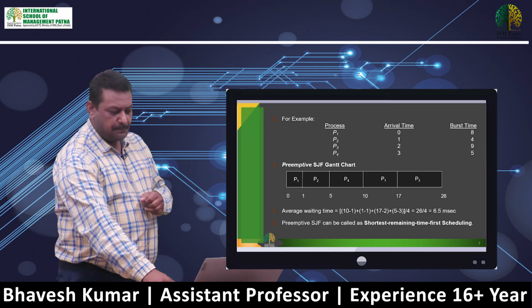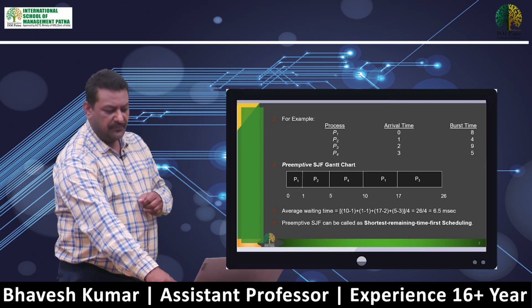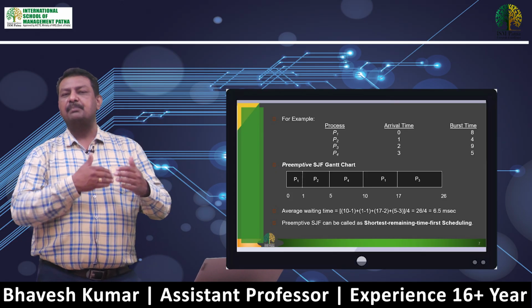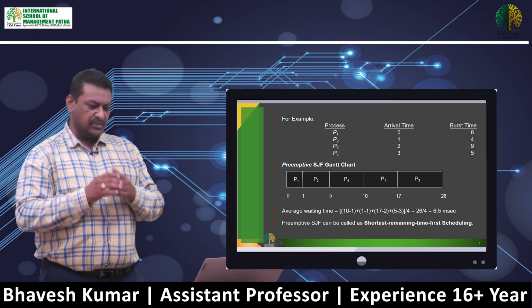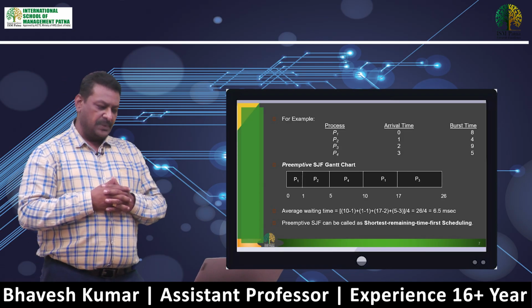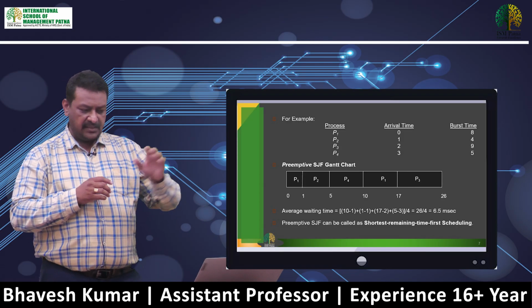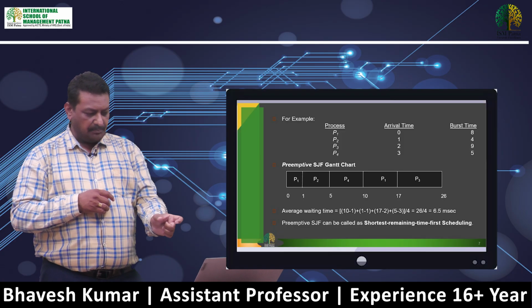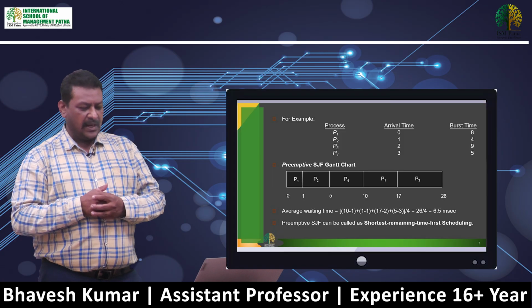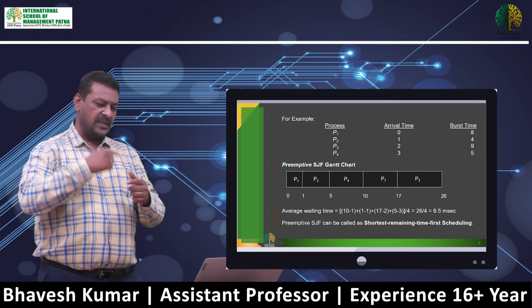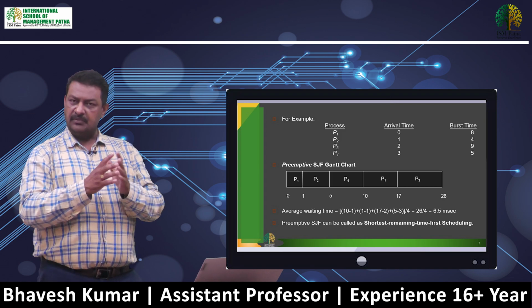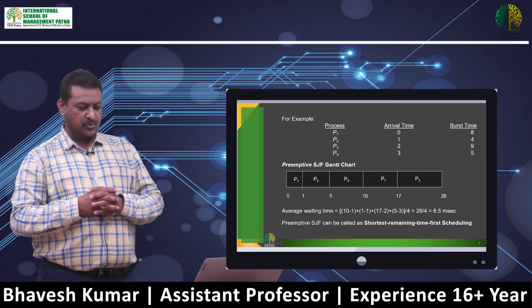Now, if it is preemptive, how will the execution happen? Just imagine P1, P2, P3, P4, all these four are there in the ready queue. As per this data, P4 has the smallest burst time, so P4 has been allocated the CPU. P4 has started its execution.